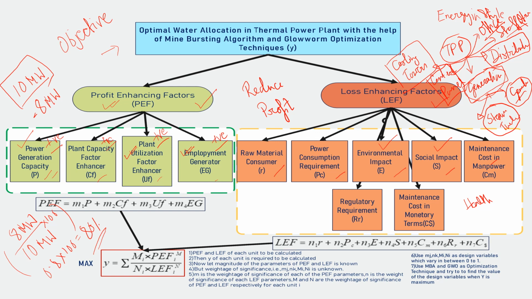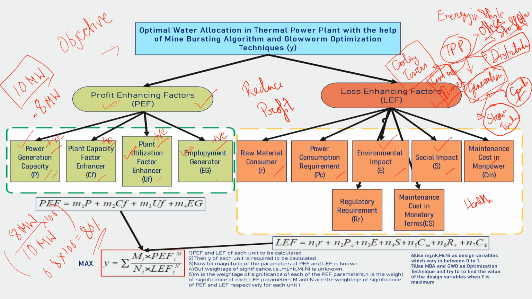On the contrary, each unit also has some loss enhancing factors, which reduce the profit by contributing towards expenditure, or by not allowing the power plant to operate at its capacity, and so on.